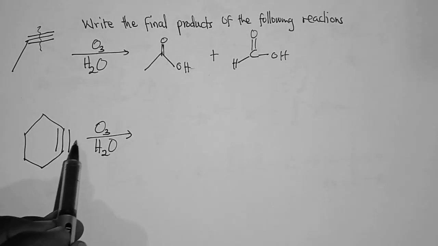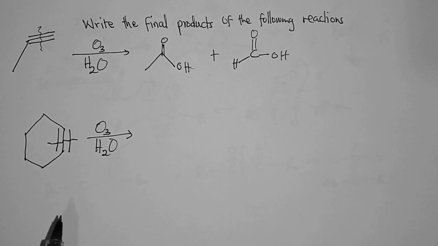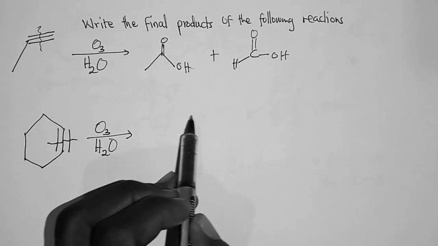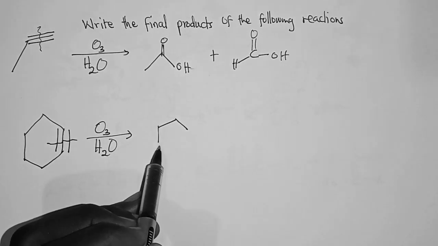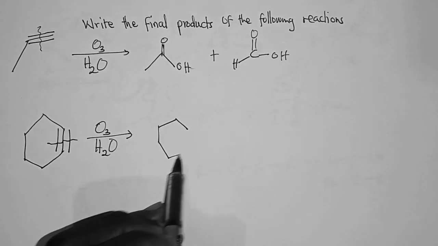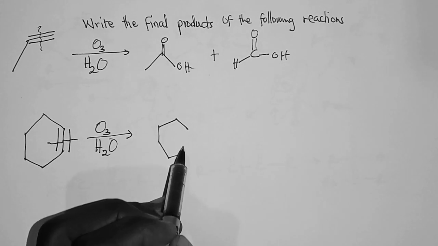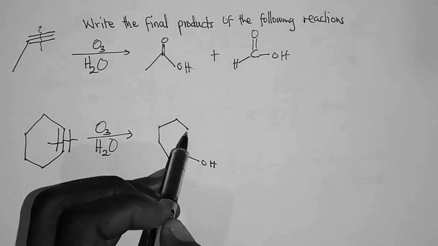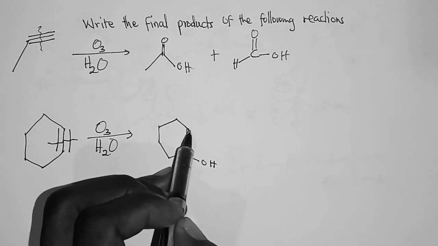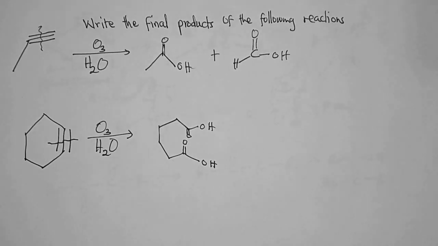Then with this one, this part will cleave. If this part cleaves, we are going to get this kind of molecule. So this is what we are going to get, and also another carboxylic acid on this side.